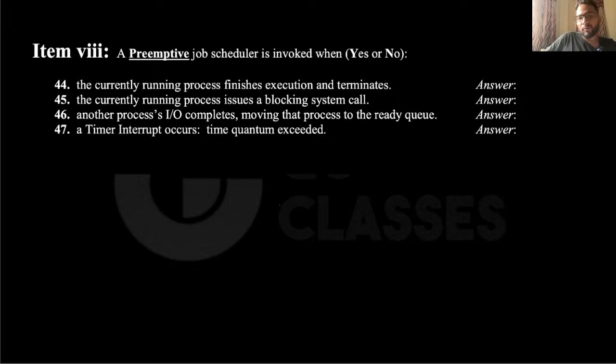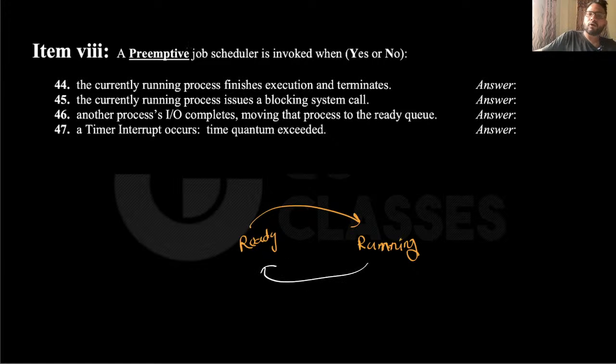Yeah, if it is going from running to terminate, then there should be some job scheduler that should move something from ready to running, right? So a preemptive scheduler can also do running to ready, and obviously if it is a preemptive job scheduler, then you have to invoke it to move from ready to running also. That's why it is true.